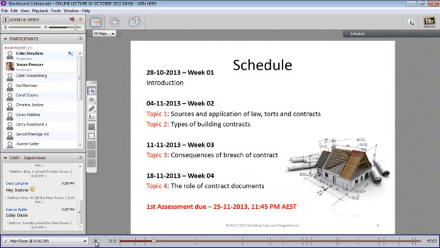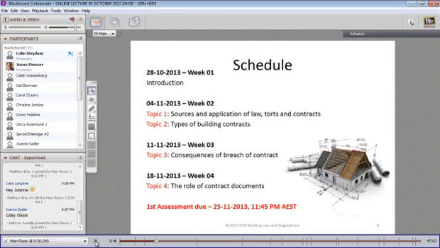Topic 2. Now, topic 1 and topic 2, we'll both look at next week. Topic 2 is about the basic introduction to different types of building contracts. I'm aware from the general discussions that some of you already posted in the last week or two that we're dealing with people from various different backgrounds, different ages, and different industries.